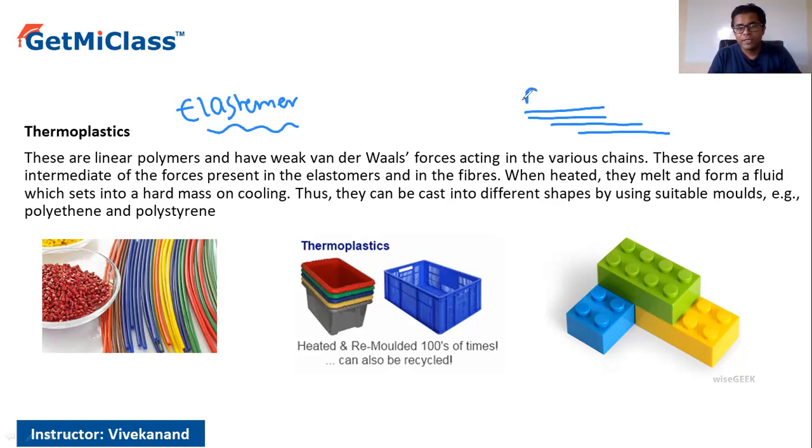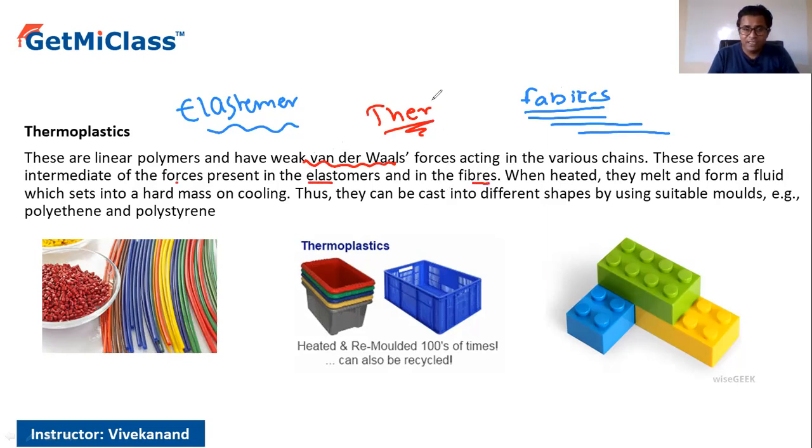So if we take the fabrics here, the thermoplastics are going to stand in between these two, because of the presence of the weak van der Waals forces acting between various chains. These forces are intermediate between those of the elastomers and the fibers.